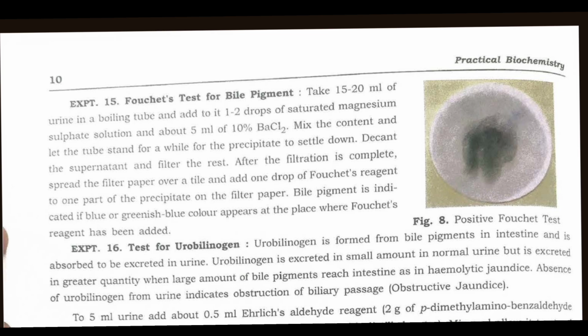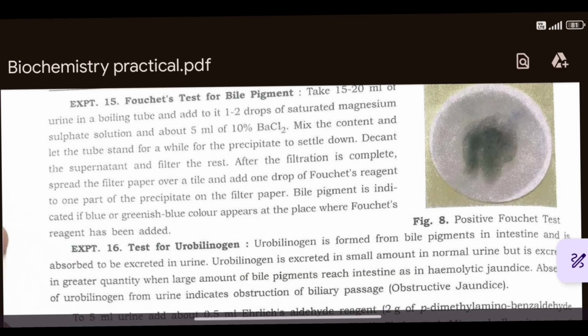Ehrlich aldehyde reagent is 2 gram of para-dimethylaminobenzaldehyde dissolved in 48 ml conc HCl and volume made to 100 ml with distilled water.